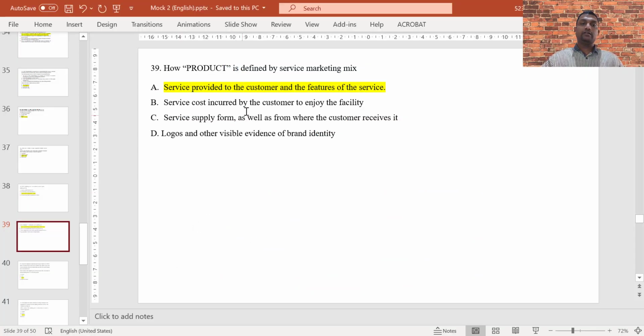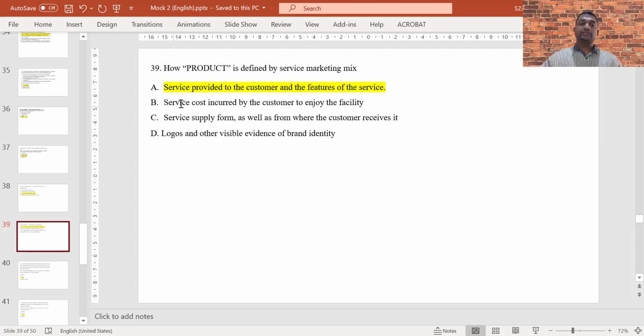So the question is asking how the product is defined in the service marketing mix, because in service marketing there is no tangible product, there is an intangible experience. So a service provided to the customer and the features of the service are considered as the product in service marketing.